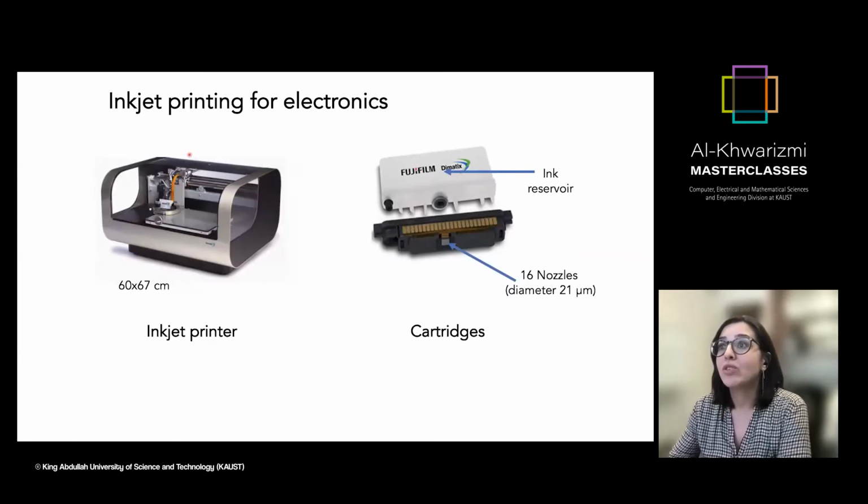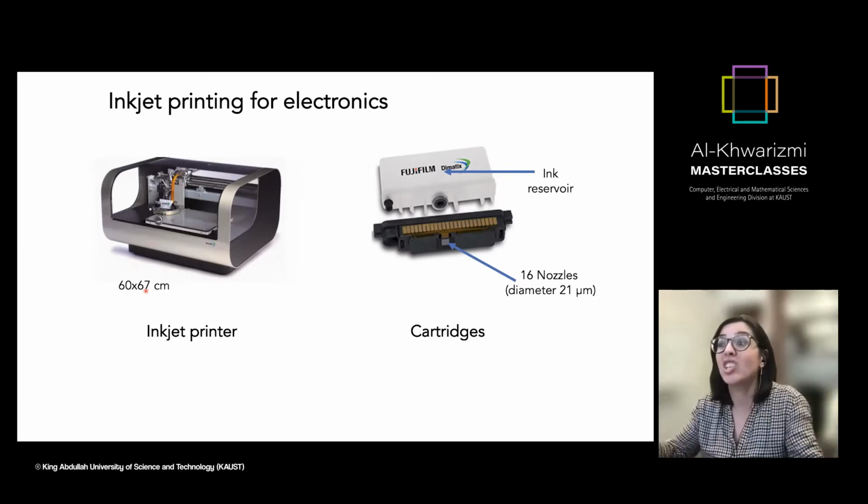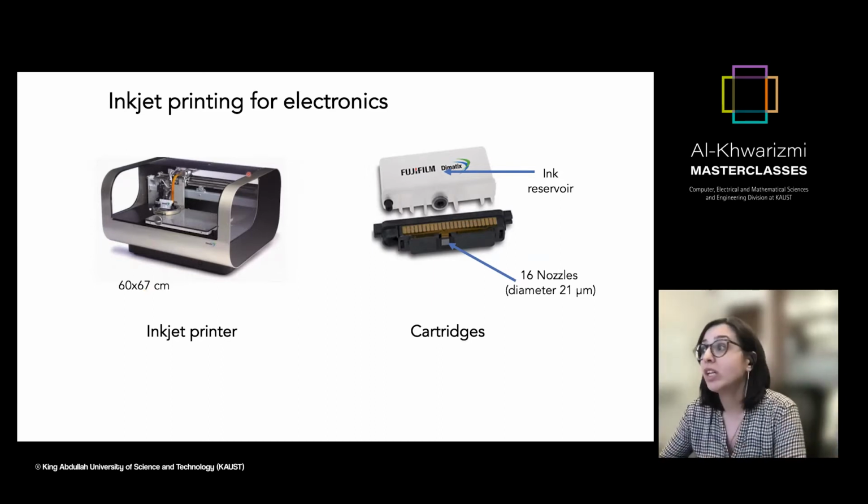Now, in the lab, as I told you, we are using inkjet printing as the technology. We have a Dymatics printer that's about these dimensions, 6 to 67 centimeters. That means it's actually quite small, so you can put it anywhere you like. And that is working with certain cartridges.